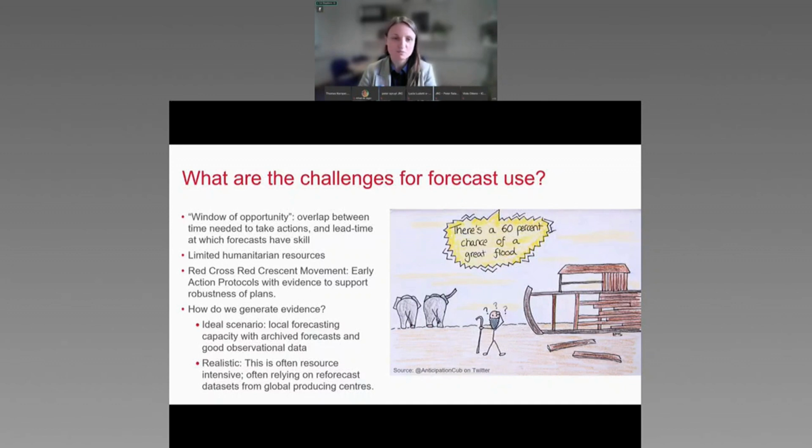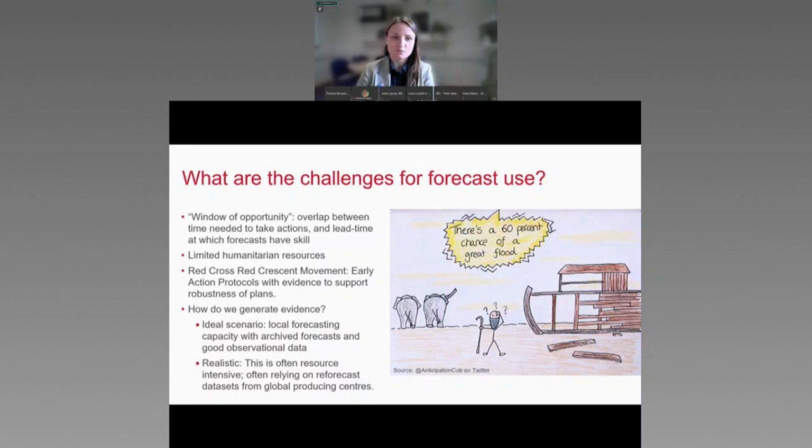And of course, we're using probabilistic forecasts as well, so there is a lot of opportunity for confusion to come in. So within the Climate Centre, we are trying to undertake research to really be able to support the robust use of those forecasts. Because of course there are limited humanitarian resources, and we need to make sure that when we are allocating them for early action, they're being allocated in a robust way.